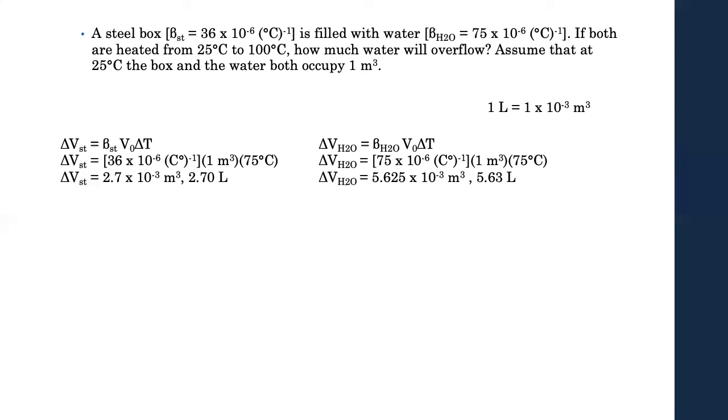And that should give you 5.63 liters, or 5.63 times 10 to the negative 3 meters cubed. And I put up on the board that 1 liter is equal to 1 times 10 to the negative 3 meters cubed. So the overflow is the difference between the two: 5.63 minus 2.7 to 2.925 liters. How much water spills over?